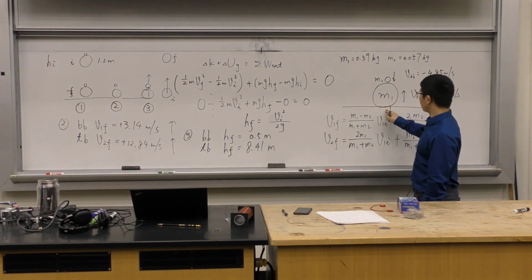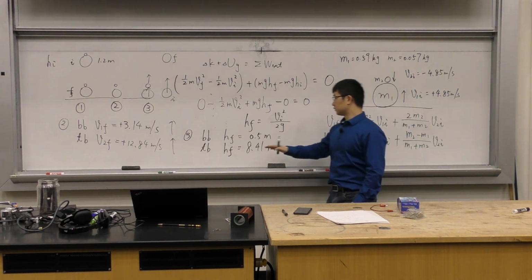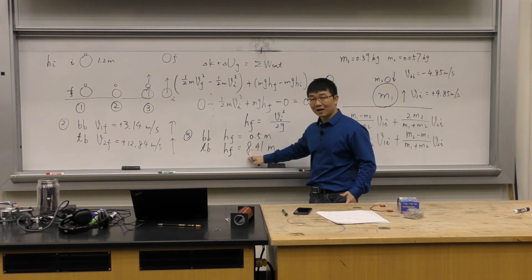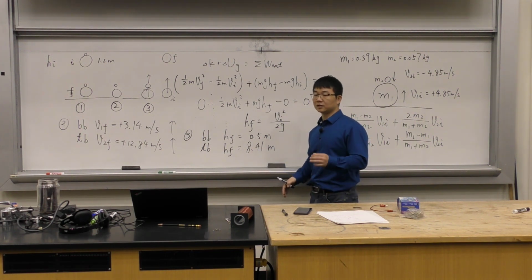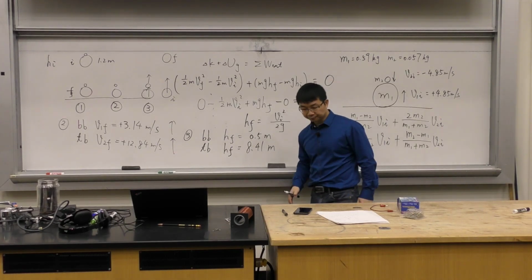We assume that no kinetic energy is lost in this process, and no elastic potential energy is lost either. So in real life, the tennis ball is not going to go that high, but you can still see that it is going to go much, much higher than the original height.